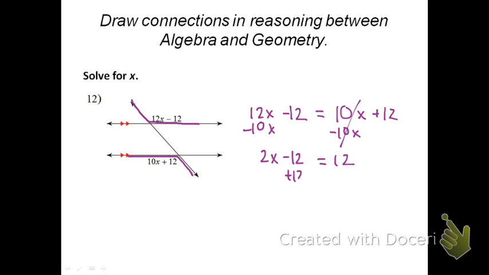If we add 12 to both sides, we get 2x equals 24. Oh no, what's our answer? I thought the number was gone, but it's back. X equals 12. Alright. The revenge of 12 came back with a vengeance.